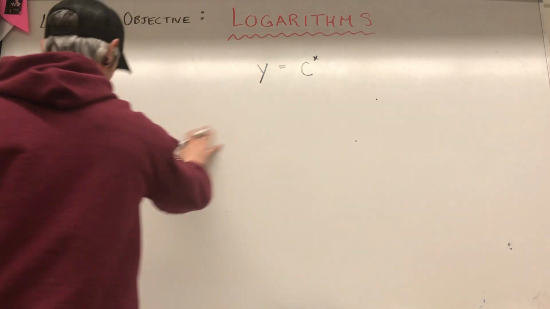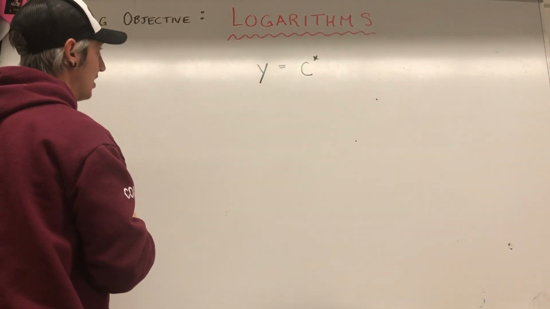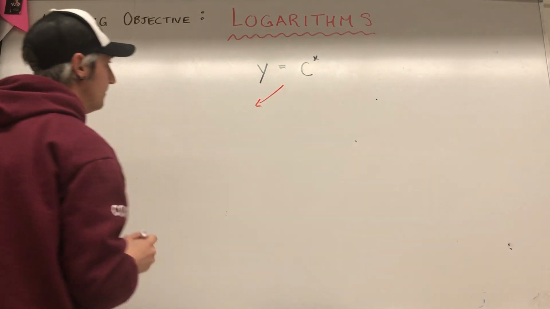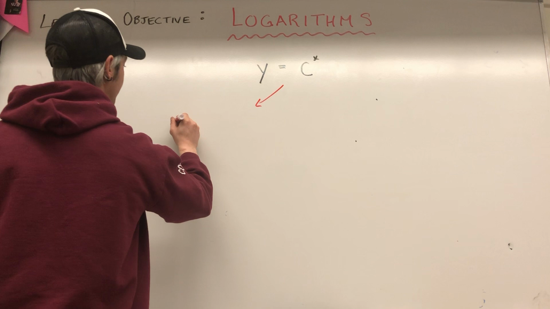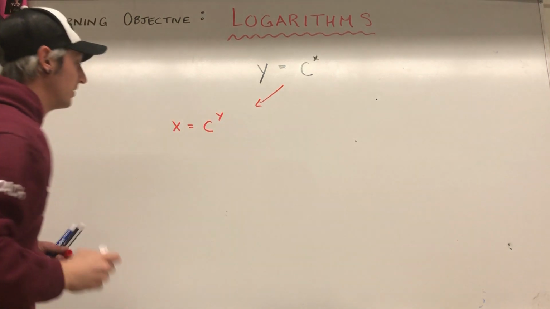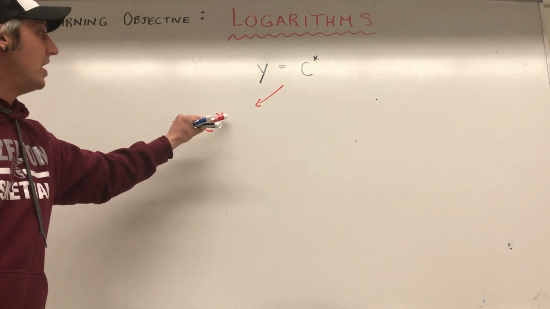Now, if I was to take the inverse of this, I'm going to get my logarithmic equation. So if I do the inverse, I'm going to get x is equal to c to the y, right? This is not very helpful to me because I want to be in y equals form.